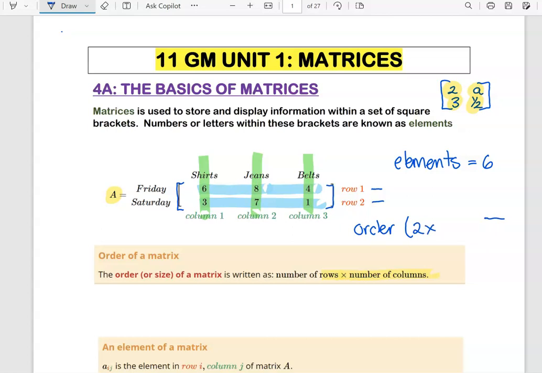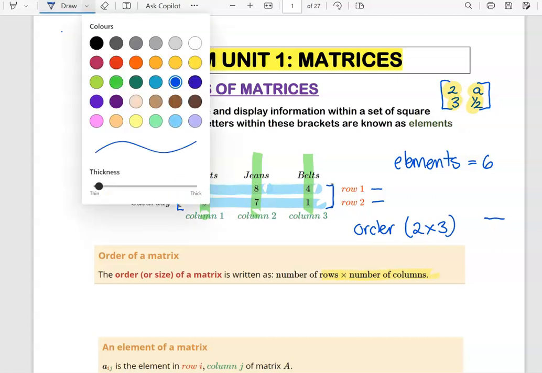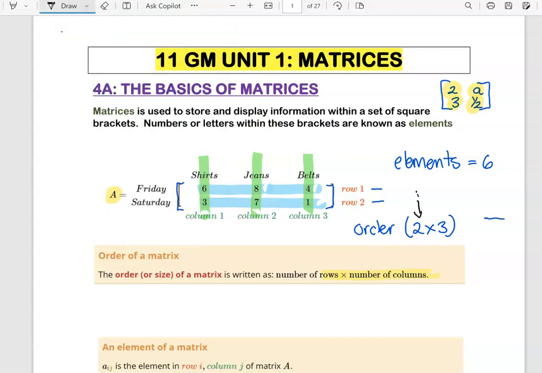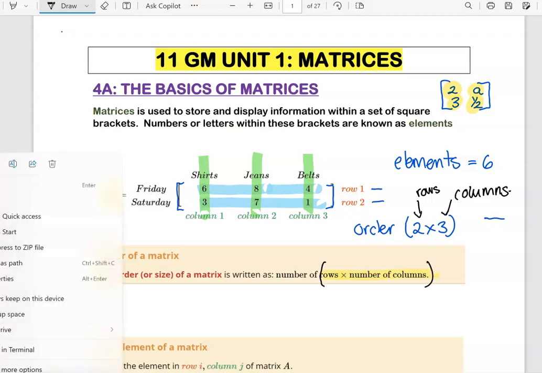And we say it's a 2 by, so the cross or the multiplication symbol is used to say it. So we say it's a 2 by 3. So here this is the rows, and that's telling me the columns. Yep. All right. So we know that the order is always going to be rows by columns.